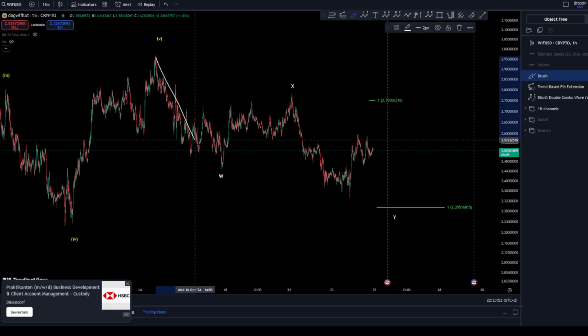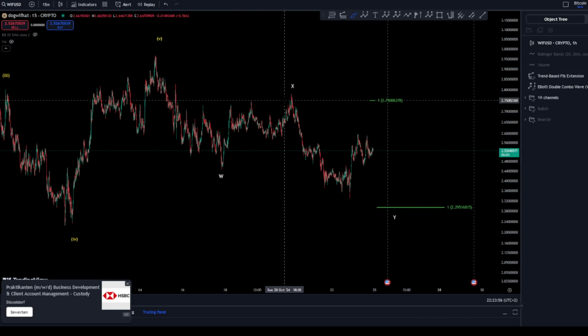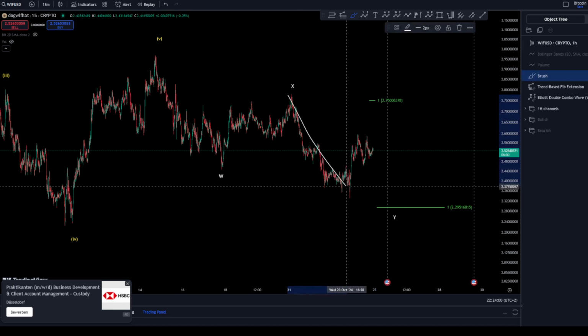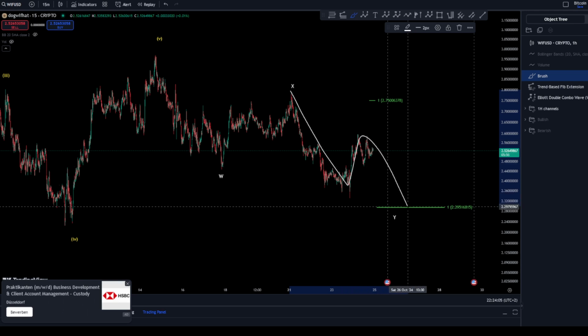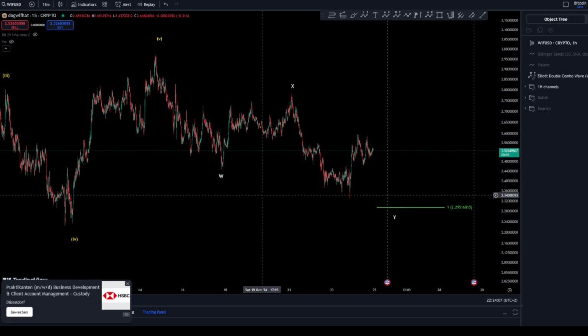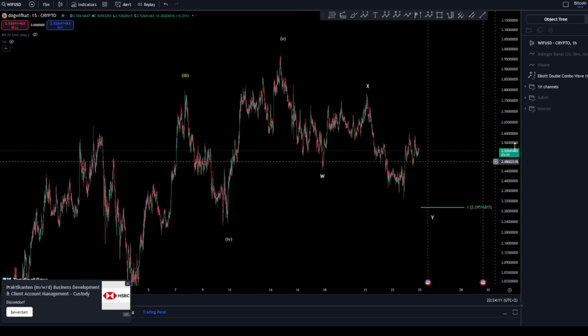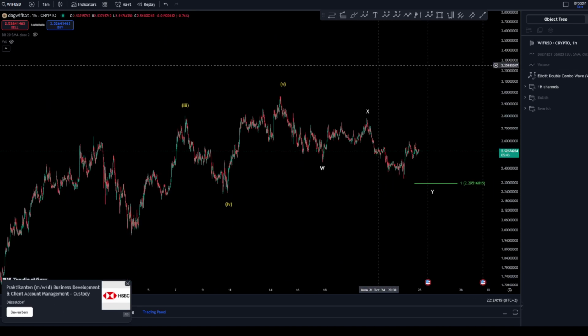So if we are looking at a WXY, the wave Y might still be unfolding, because anyway, this is an impulse, but it looks like an unfinished structure. Okay, so I'm going to remove this, forget about it. Definitely I would still go with a longer correction, guys, at least to touch the 1-to-1 fib level.